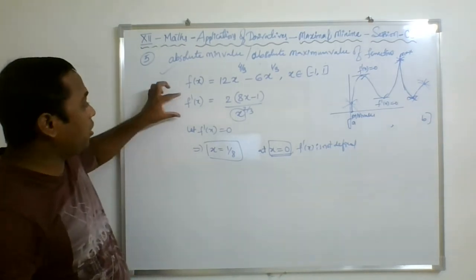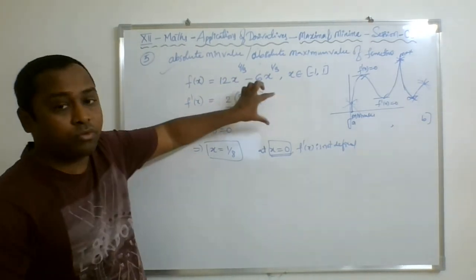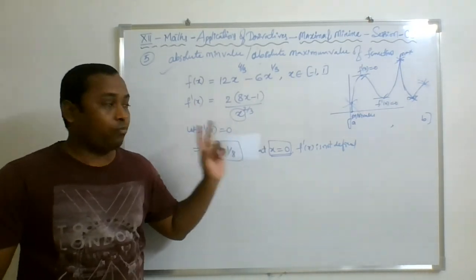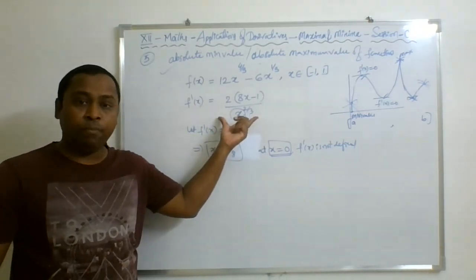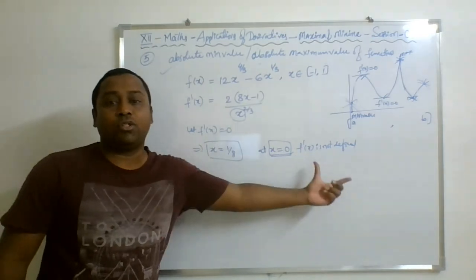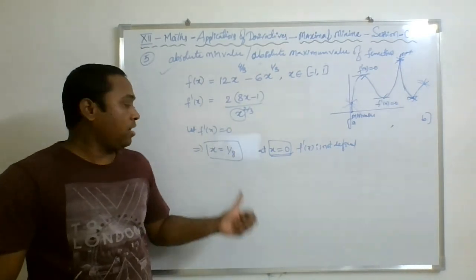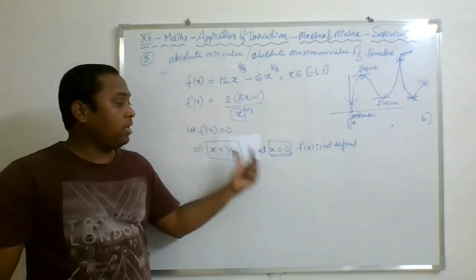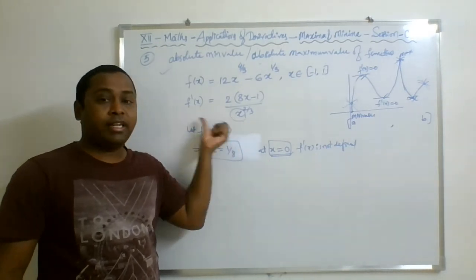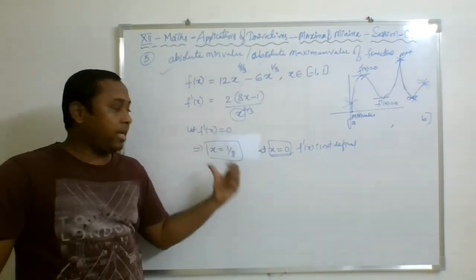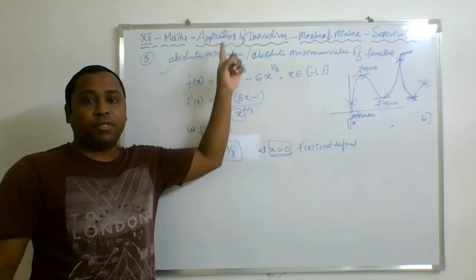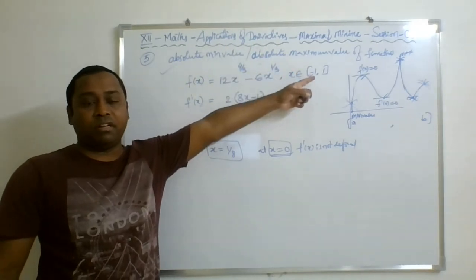So, whenever you are setting the derivative equal to 0, you need to think in two ways: where the derivative is 0, and where the derivative does not exist. Here at x is equal to 1 by 8, the derivative becomes 0, but at x is equal to 0, the derivative does not exist. Hence, you need to take both critical points for absolute maximum and absolute minimum.